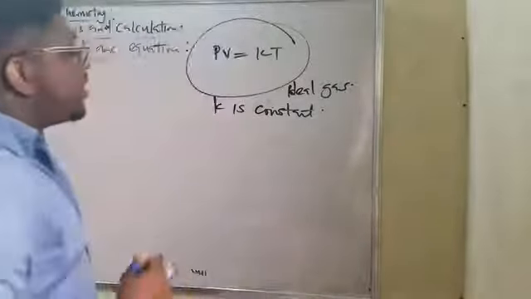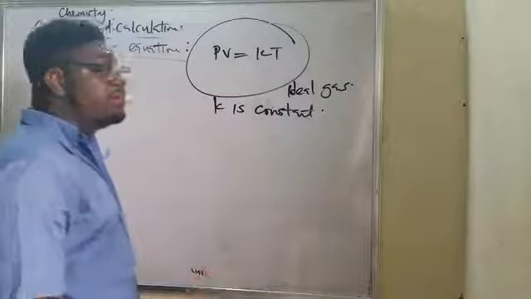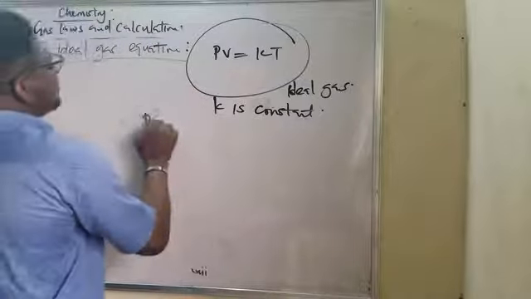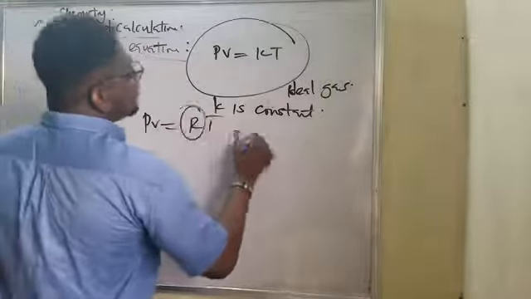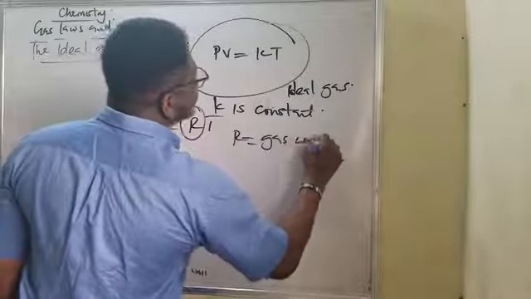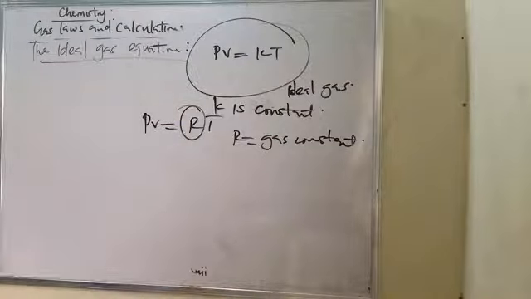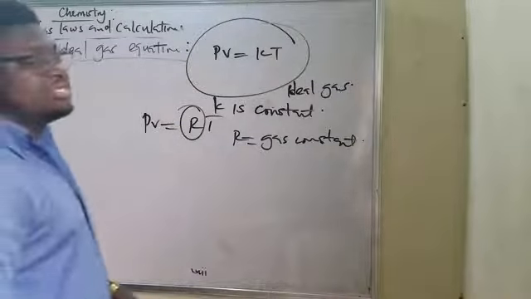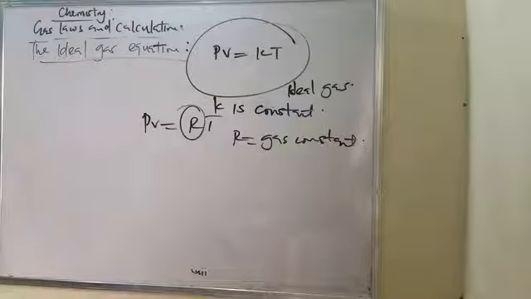For better representation, if you check textbooks very well, you realize that PV is equal to RT, where R is our gas constant. It's just a substitute for K. You would see R in most textbooks, online, and different references as our gas constant.